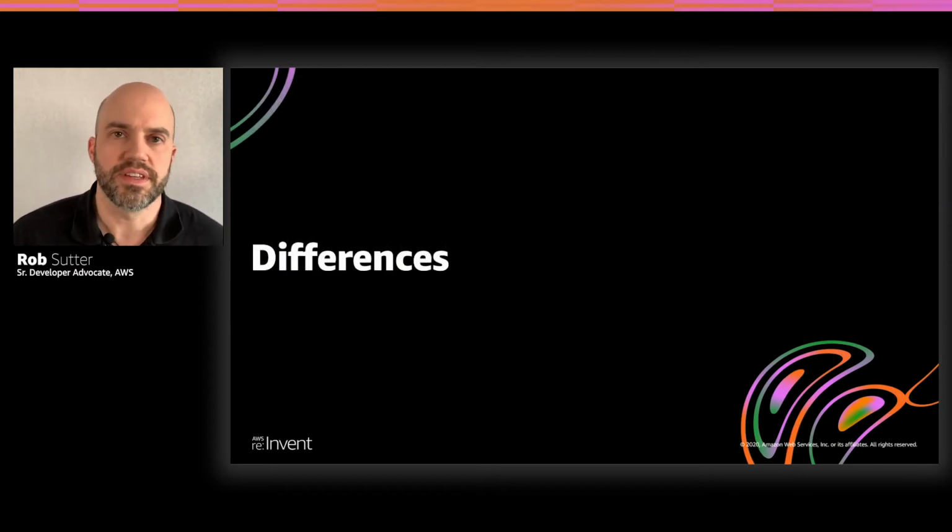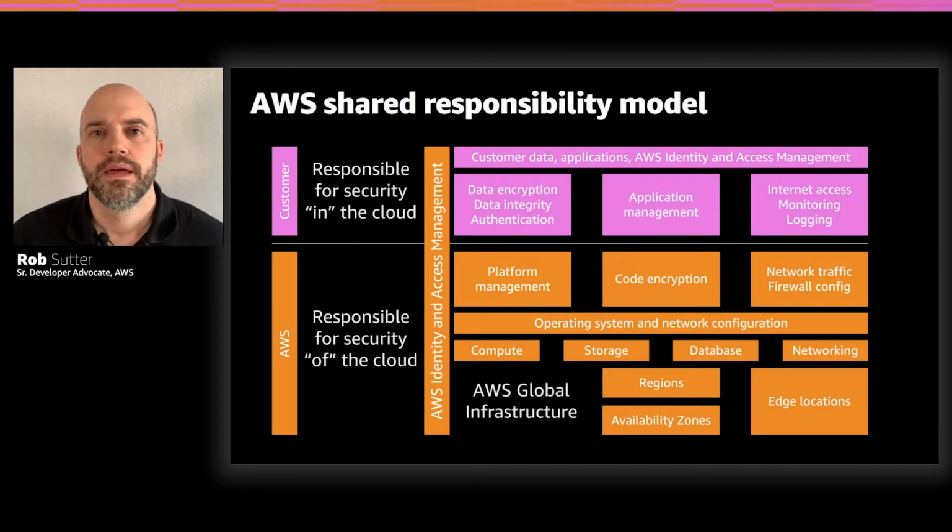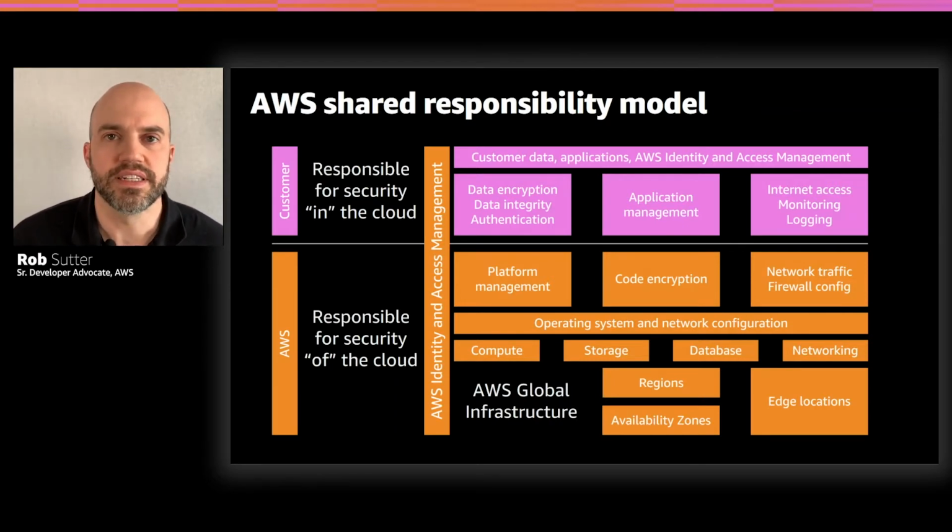So let's start with the differences. Here, you'll see the AWS Shared Responsibility model. You may already be familiar with this model as it delineates the differences between what AWS is responsible for, or security of the cloud, and what you as the customer are responsible for, or security in the cloud.